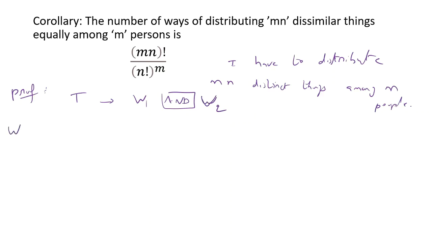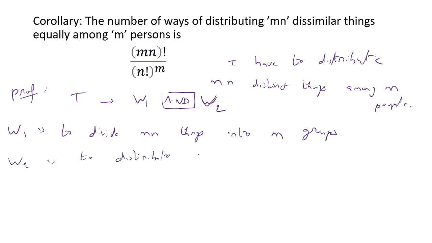Here W1 is to divide mn things into m groups. W2 is to distribute those groups.